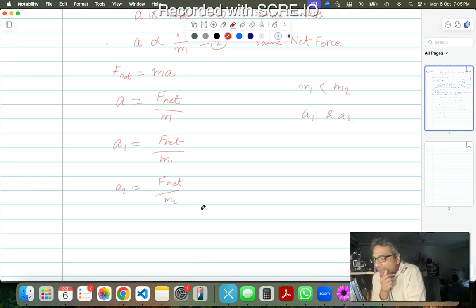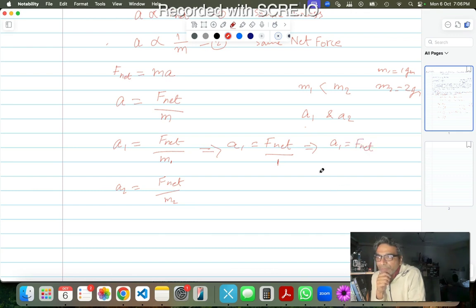So now let's see which will be greater. Take an example of m1 equals 1 and m2 equals 2. Let's say gram. So a1 equals F net over 1, which gives us a1 equals F net.